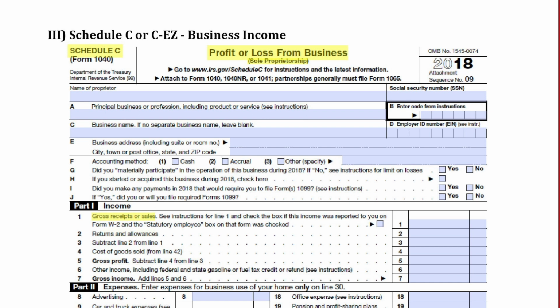Line number 2 is, highlight, returns and allowances. Line number 4 is, highlight, cost of goods sold, which leads us to line number 5, which is, highlight, gross profit. And then we add line number 6, which is, highlight, other income, to get to line 7, which is, highlight, gross income.